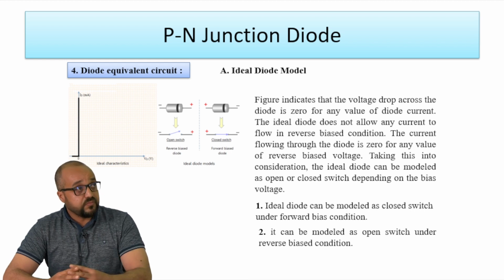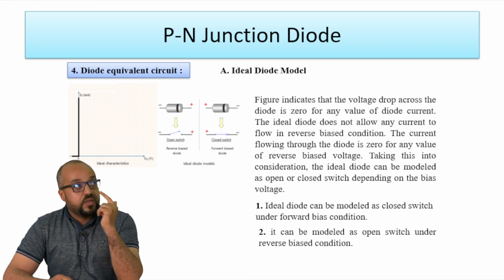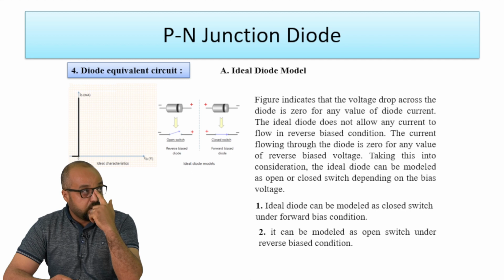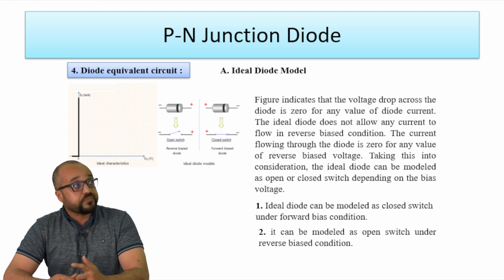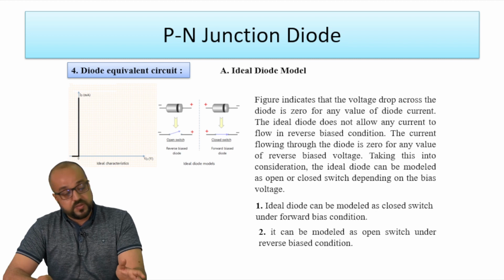Taking this into consideration, the ideal diode can be modeled as a closed circuit under forward biased condition, and an open circuit for the reverse biased condition.